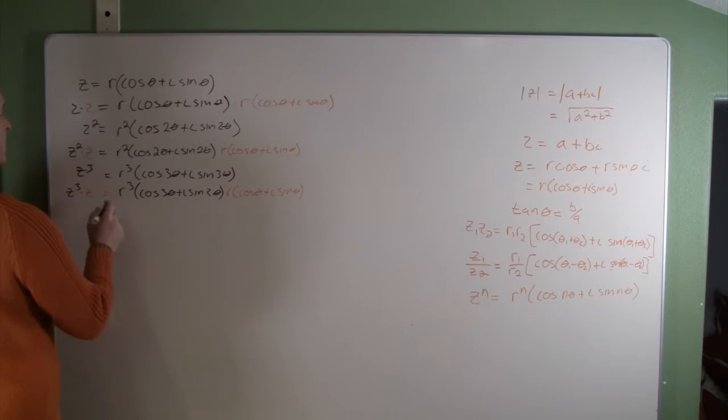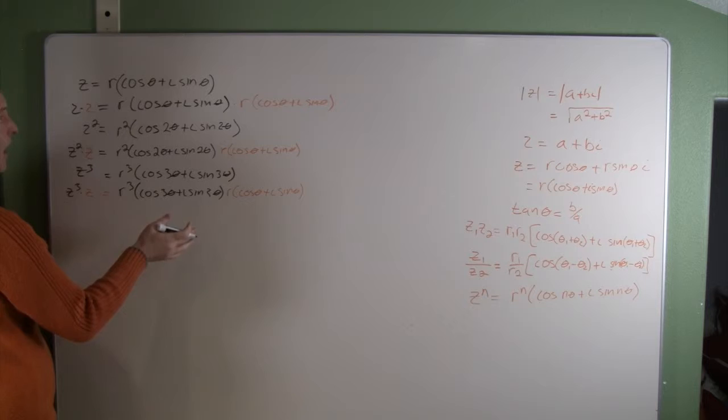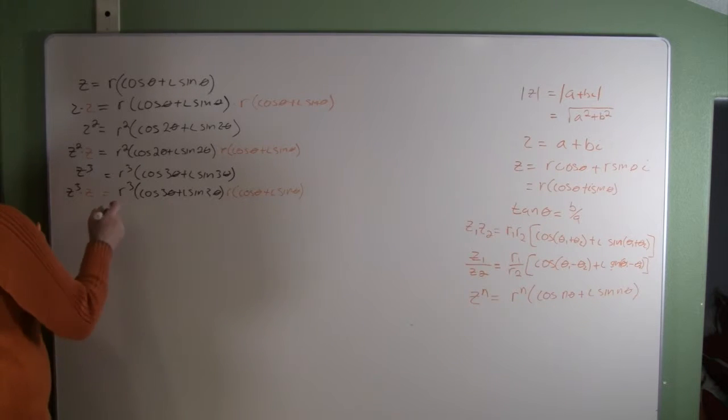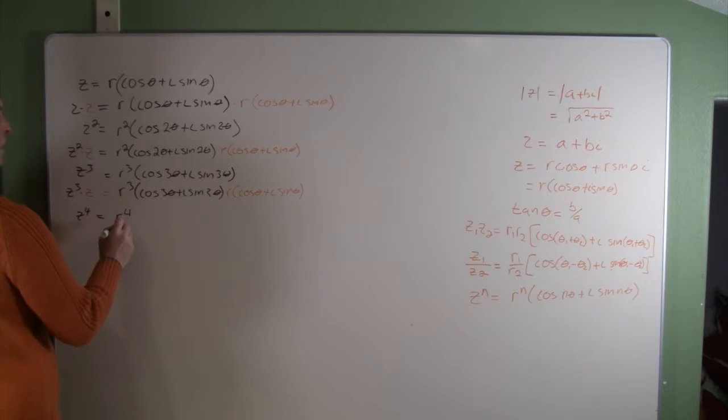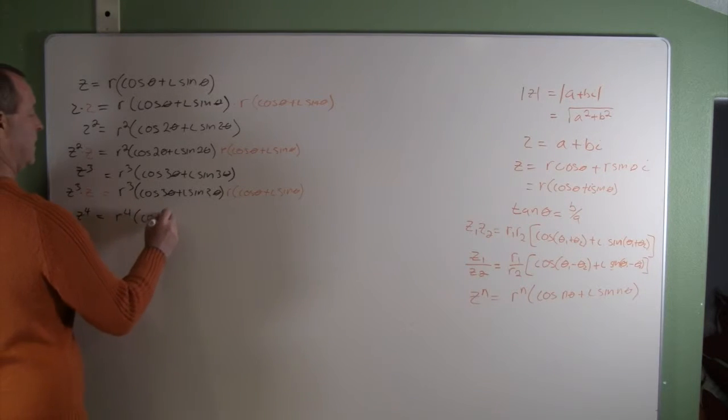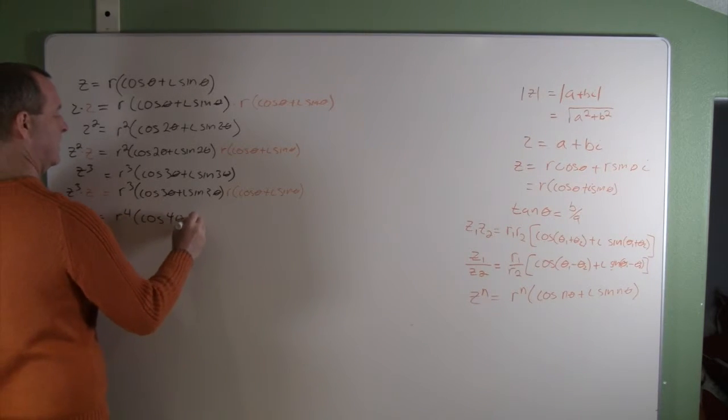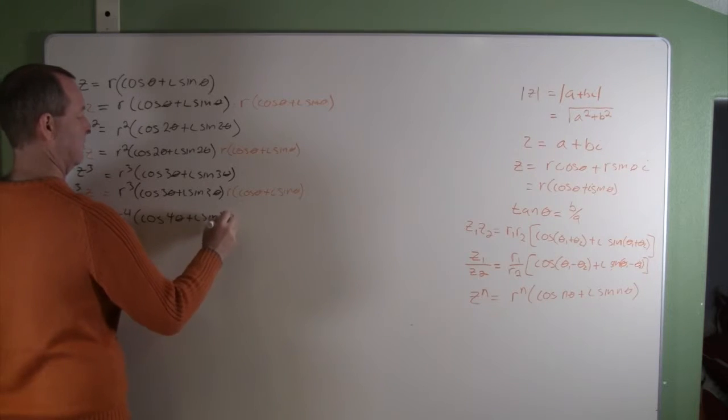Multiply the moduli. So z to the 4th equals r to the 4th cosine 4 theta plus i sine 4 theta.